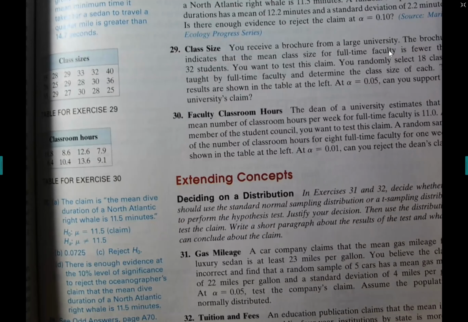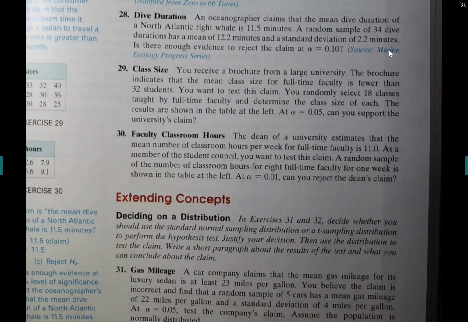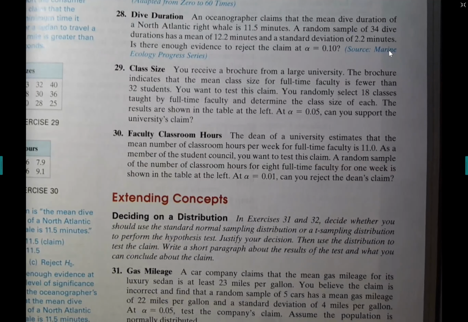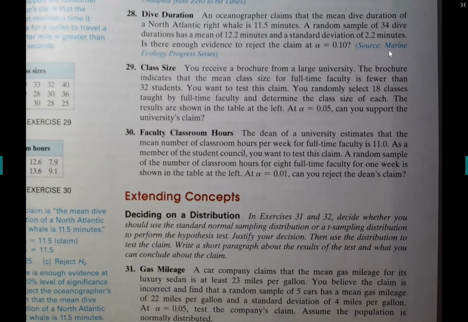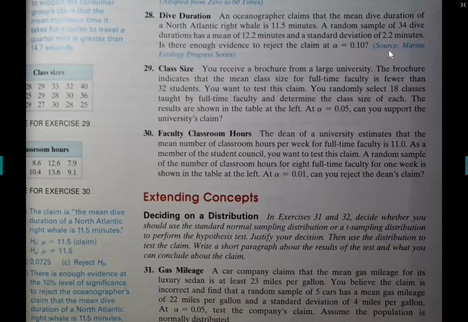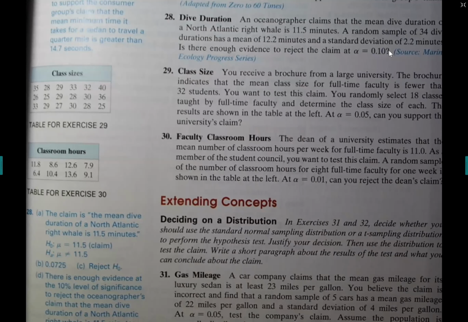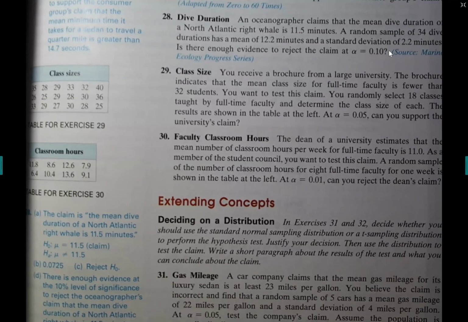Class size, number 29. You receive a brochure from a large university. The brochure indicates that the mean class size for full-time faculty is fewer than 32 students. So they claim that they have less than 32 students.